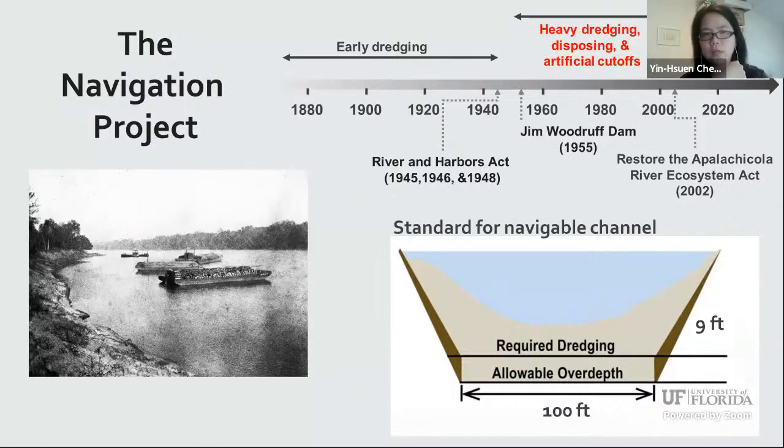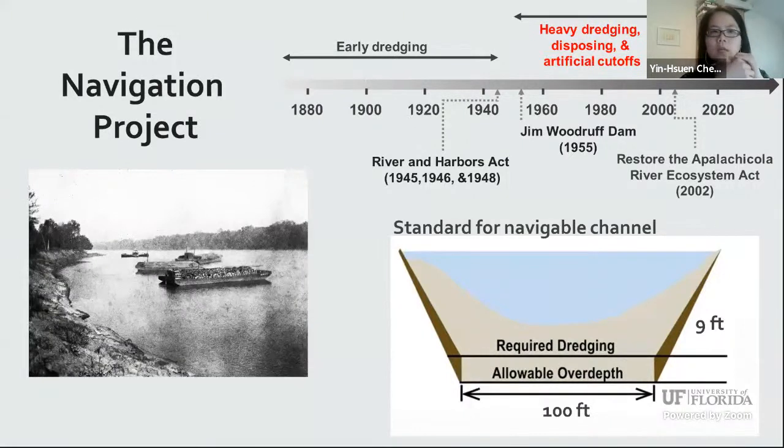Apalachicola is a town at the exit of the river. They wanted to bring cargo from Apalachicola upstream to Columbus in Georgia, so they had to keep this navigable channel so the cargo boats could go through the entire river safely.